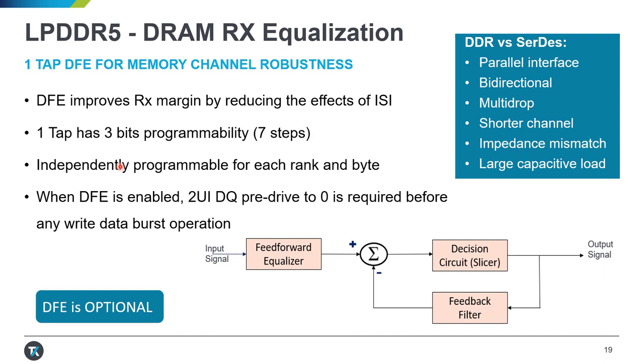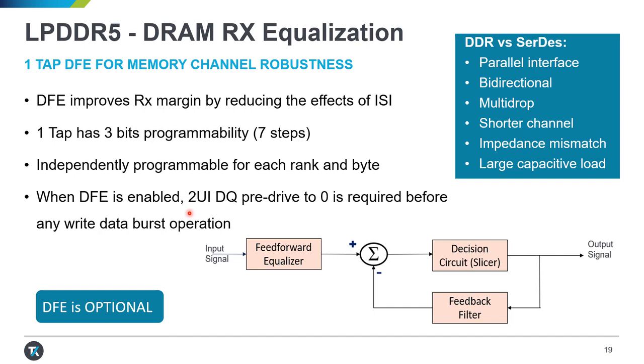Any of the previous LPDDR SDRAMs didn't have any RX equalization whatsoever, but LPDDR5 supports one-tap DFE. This one-tap DFE will improve the RX margin, and it will be used to open up the eye at higher speeds. It can be independently programmed for each rank and byte. And another thing to keep in mind is that when DFE is enabled, DQ needs to be driven low for 2UI before the start of actual data.